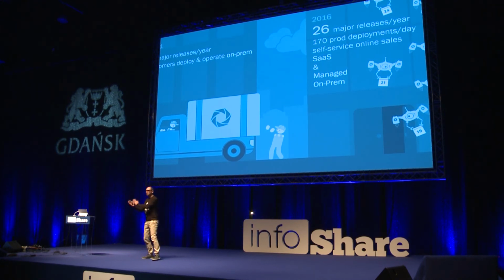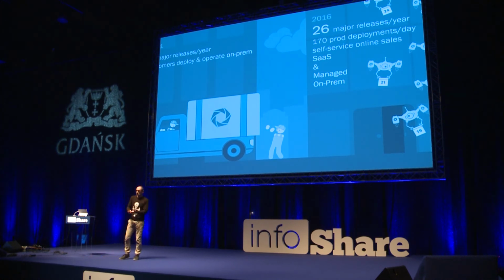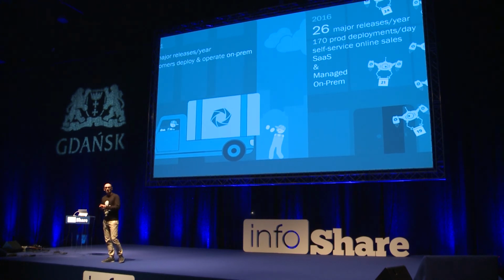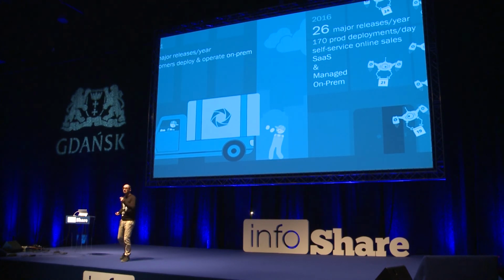And how we transitioned from 2011 to 2016 to arrive at a SaaS solution and an on-premises solution that both are released in a cadence of 26 major releases a year, and even, as of last year, 170 deployments per day. So this is a major shift considered for a lab that was used to go on-premises only.